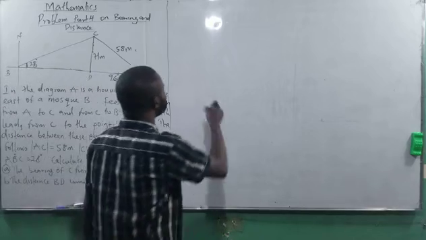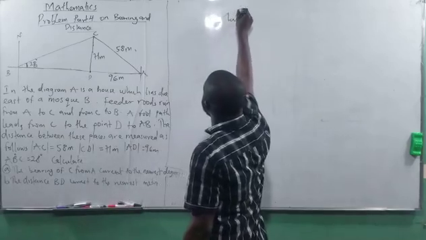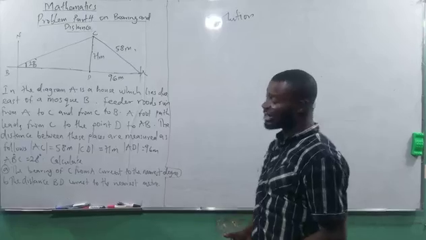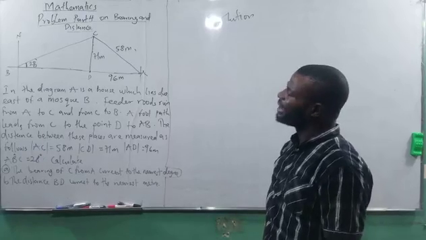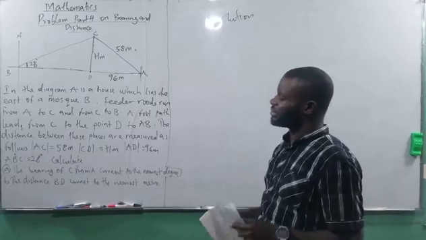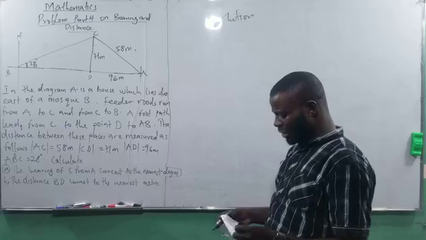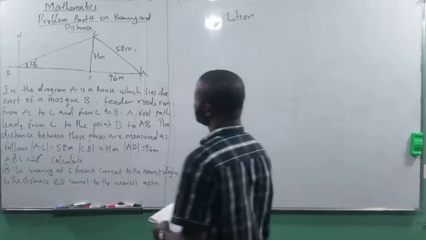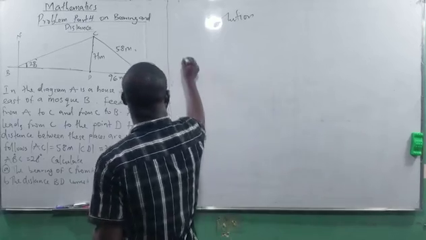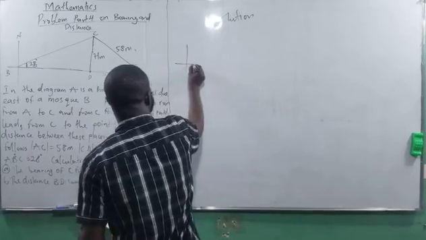Now, permit me to use this particular part to solve this question. It's a very simple one. The diagram has already been sketched for you, but let me resketch it for better illustration.